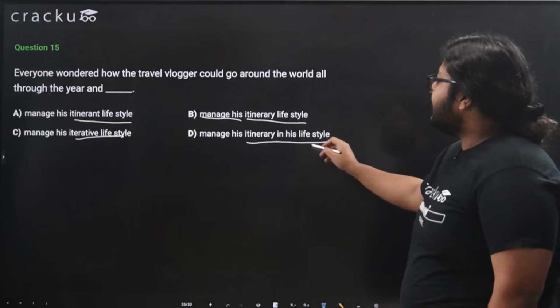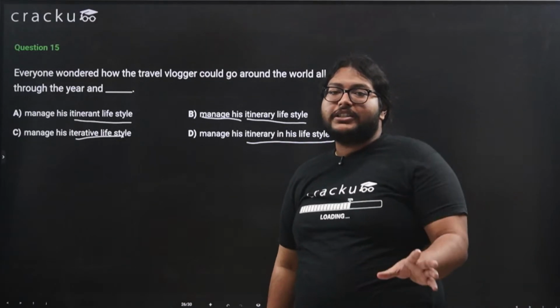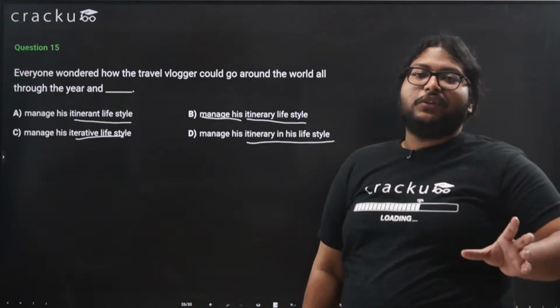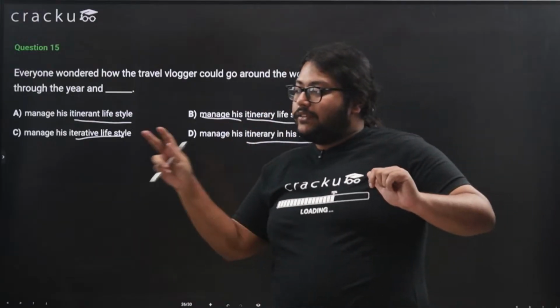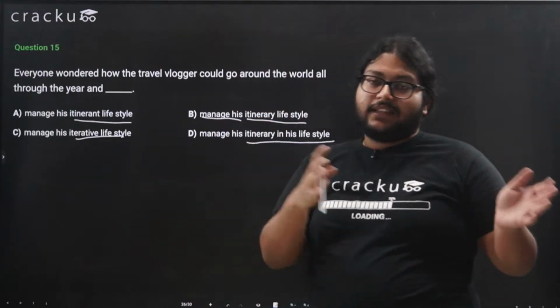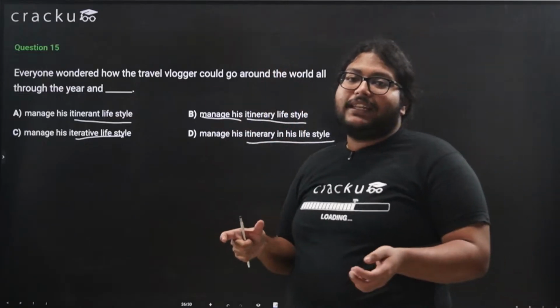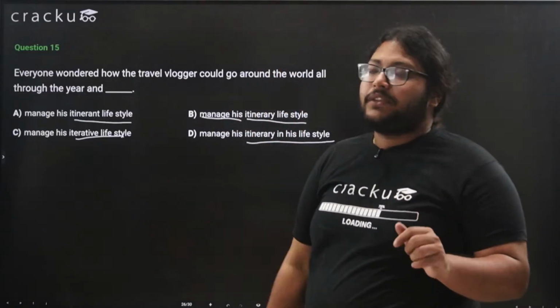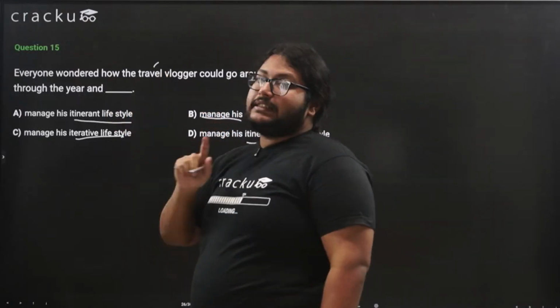Okay, so what does itinerary mean? Itinerary means when you go on a trip and you have the entire schedule planned. Like 8 o'clock we'll get up, and then we'll go to this particular site. Next at 10:30 we'll have breakfast, and then we'll go to this site. So that entire planning thing is called an itinerary in case of trips. So travel blogger itinerary makes sense.